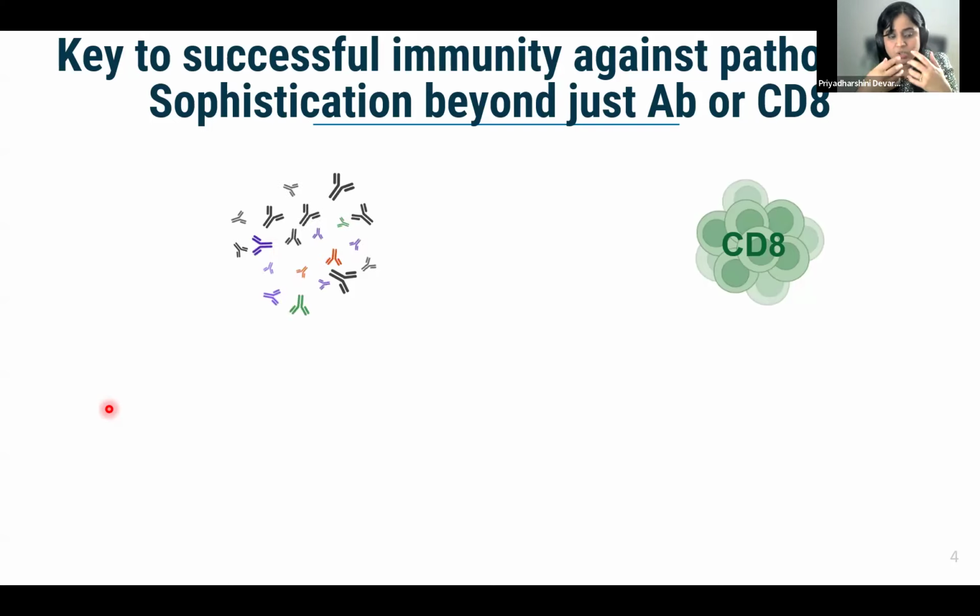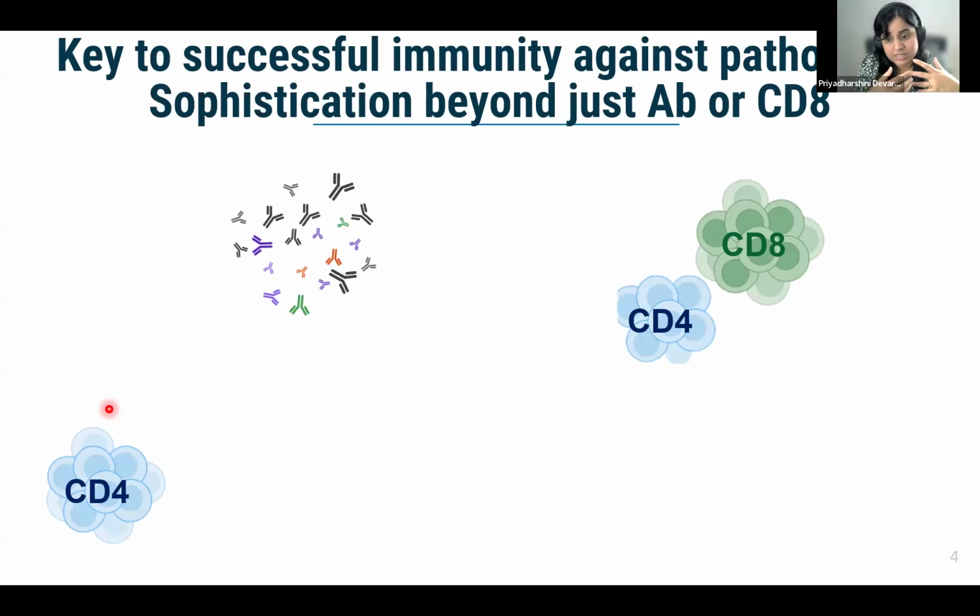But if you were to learn from a successful immune response, like a successful immune response against influenza infection, we start seeing multiple levels of sophistication, where it isn't just antibodies, but it is broader antibodies with broader specificities, neutralizing antibodies that are longer lived. And when you see what is required for this higher level of sophistication, that's when we start seeing the importance of CD4 T cells.